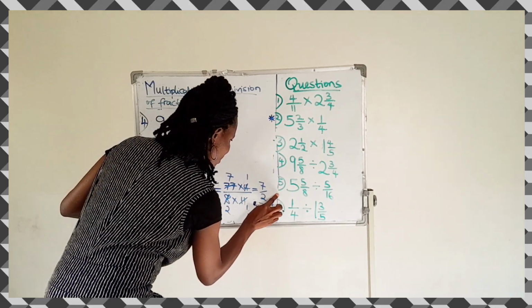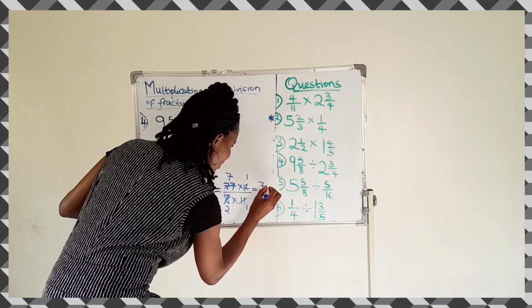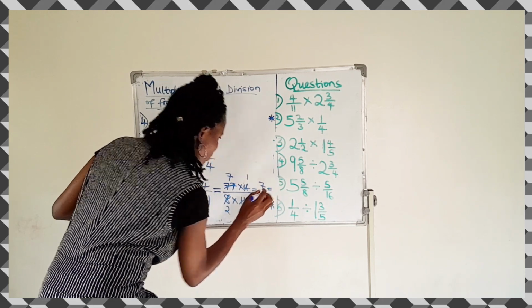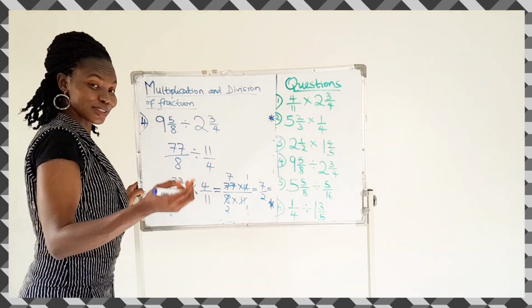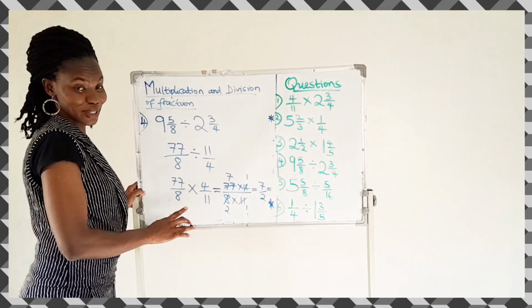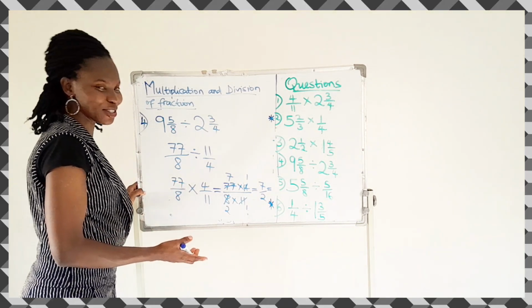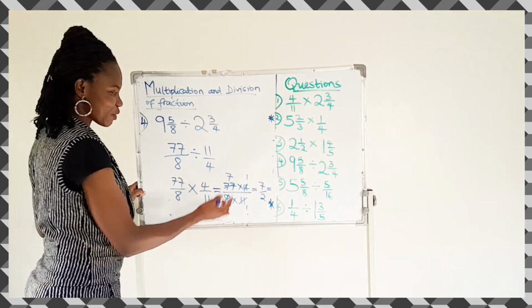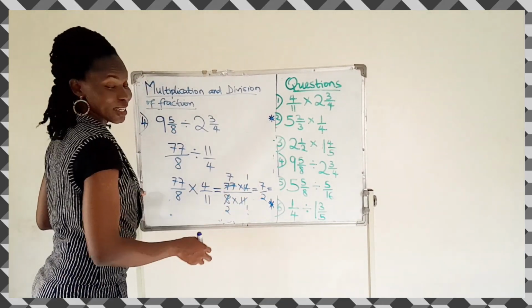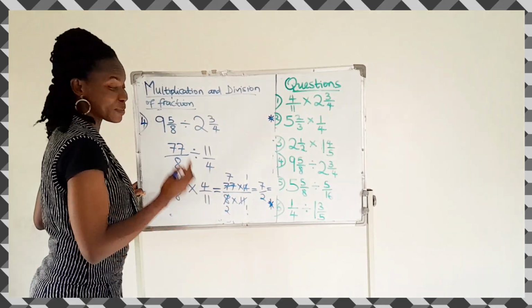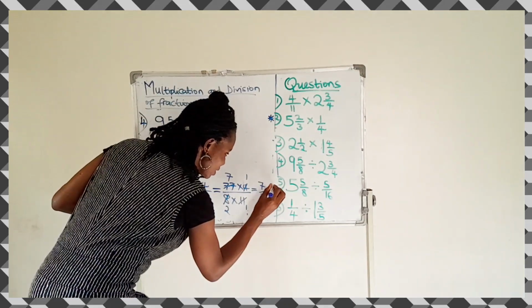Let's see if we can fix this answer here. Though the space is small, just watch. So I have 7 over 2. What type of fraction is that? It's an improper fraction, right? We could not leave it like this. Instead, we change it to mixed fraction. So what's the mixed fraction of 7 over 2? How many 2 can we get in 7? 2 can go in 7 3 times. So 3.